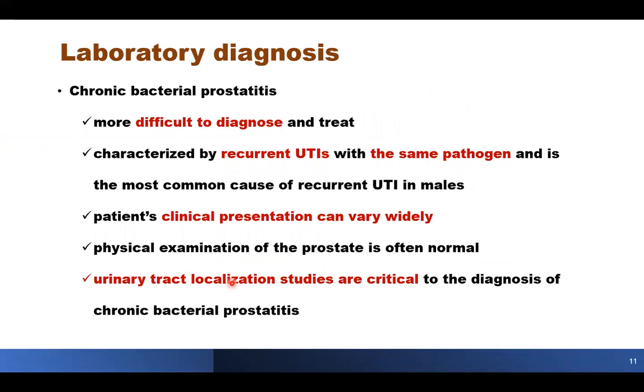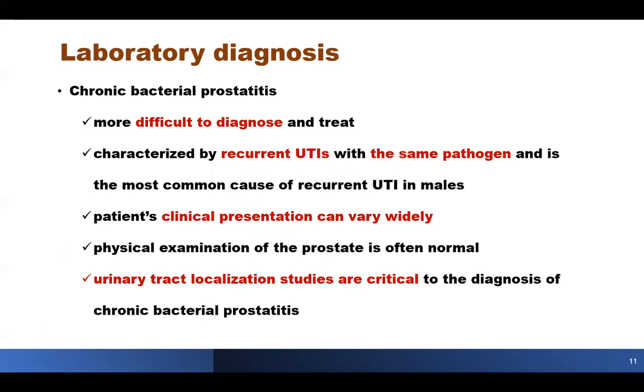However, when you have a chronic condition, diagnosis becomes more difficult, relative to the acute presentation. The patient presents with a history of recurrent UTIs. Remember, we said a feature of the chronic one is it's still the same organism.